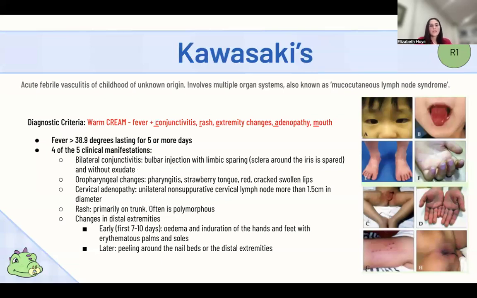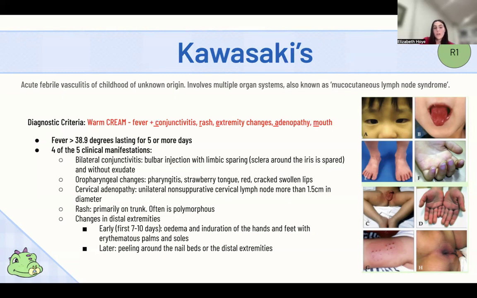Next up is Kawasaki's. So that's febrile vasculitis of childhood. And currently the origin of this is unknown, but something that's always or very often tested, I think we found, is WARM CREAM. So the diagnostic criteria of WARM refers to a fever above 38.9 degrees for 5 or more days.